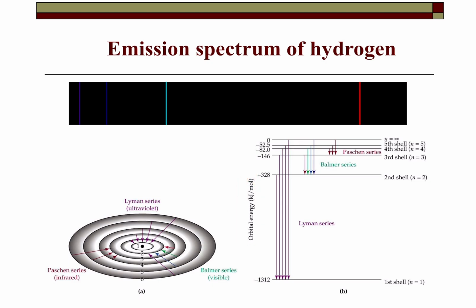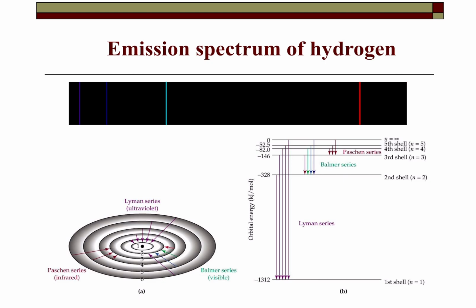The first series is Lyman, the second is Balmer, and the third is Paschen. It is very important that we know the energy levels of the orbitals.